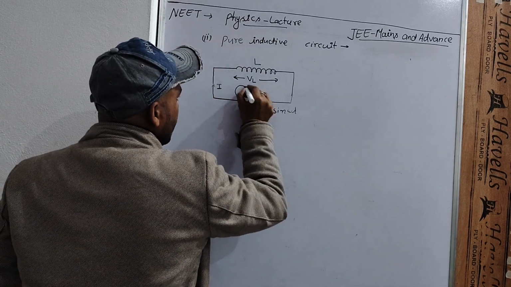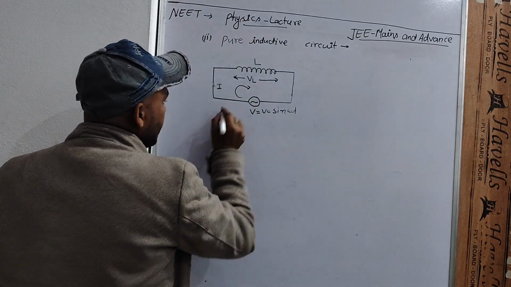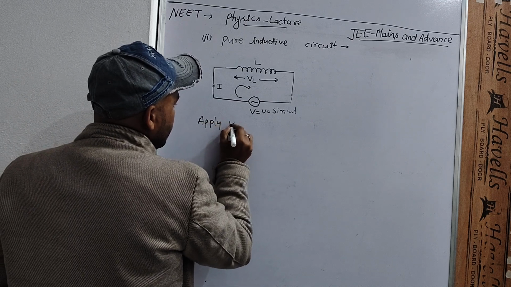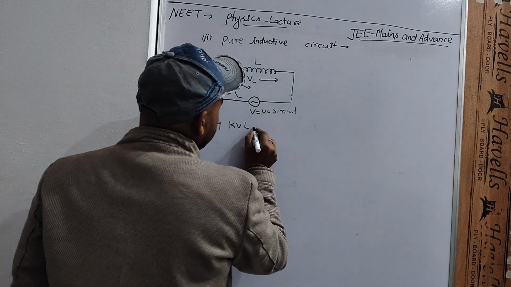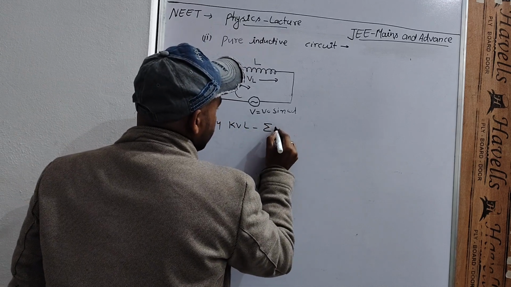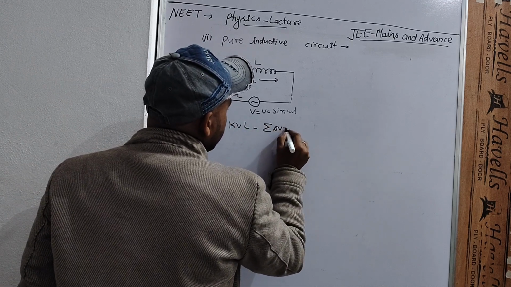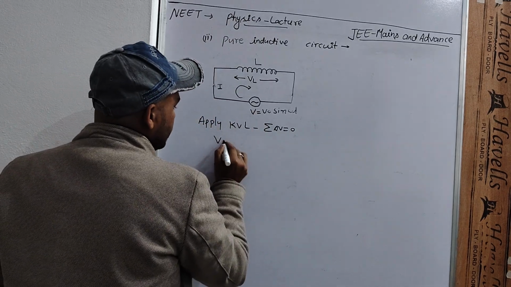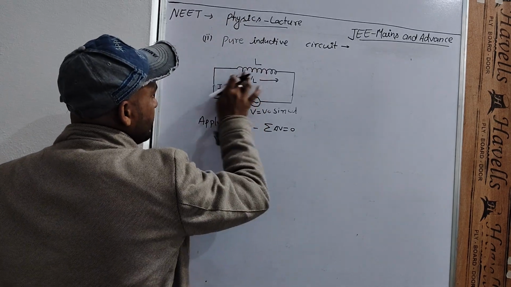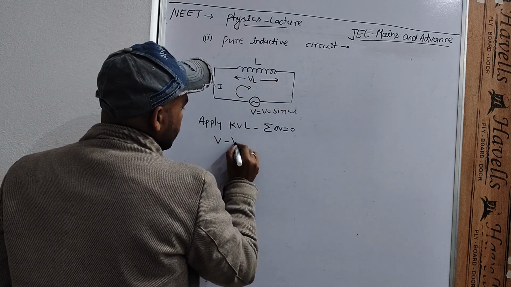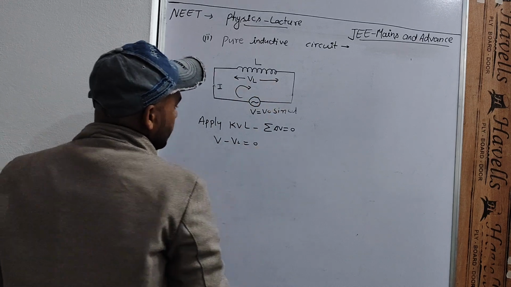Now apply KVL in the circuit. KVL means Kirchhoff's voltage rule, which is summation delta V is equal to 0. Here we apply the voltage V minus the inductive voltage VL is equal to 0.